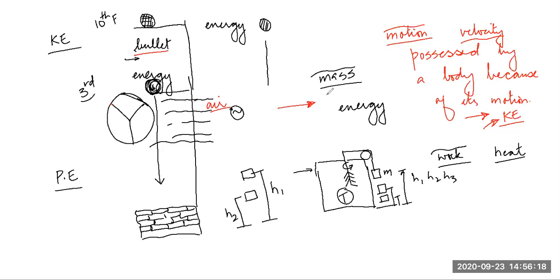Interesting thing, units. Students, the unit of energy is again joule. Whether it is kinetic energy, potential energy, rotational energy, any energy, the definition is capacity to do work. It is the measure of what? Energy. If the capacity to do work is more, we can say the object has more energy.